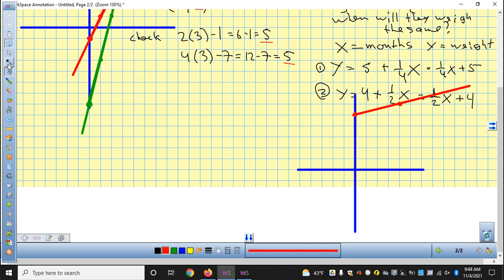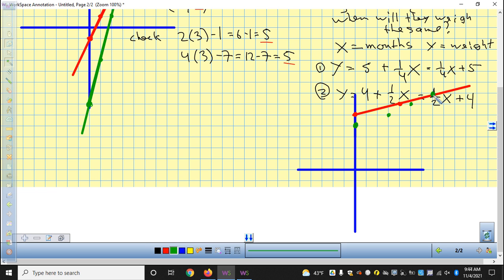Now I'm going to graph the second equation. Here the y-intercept is 4. And the slope is 1/2. So I'm going to go up 1 over 2 and up 1 over 2, up 1 over 2.